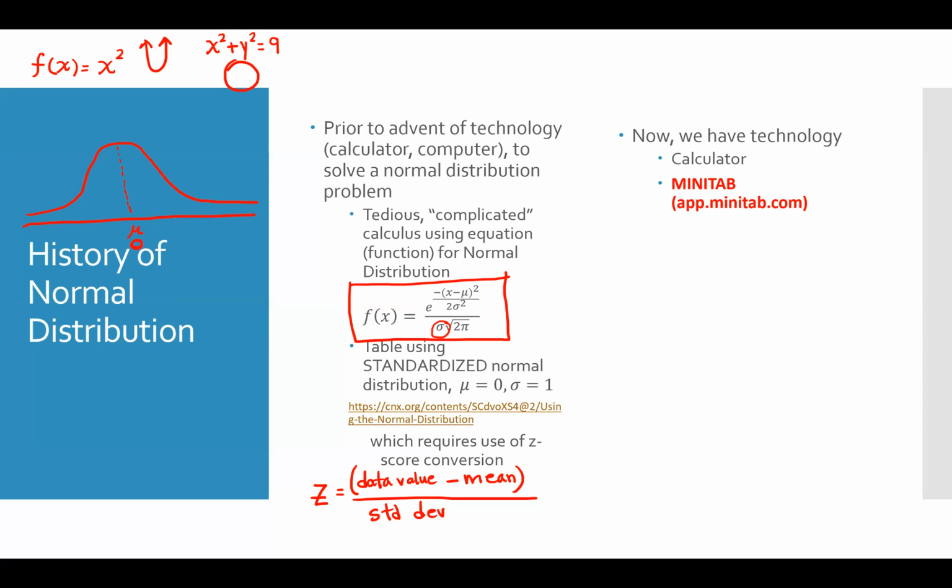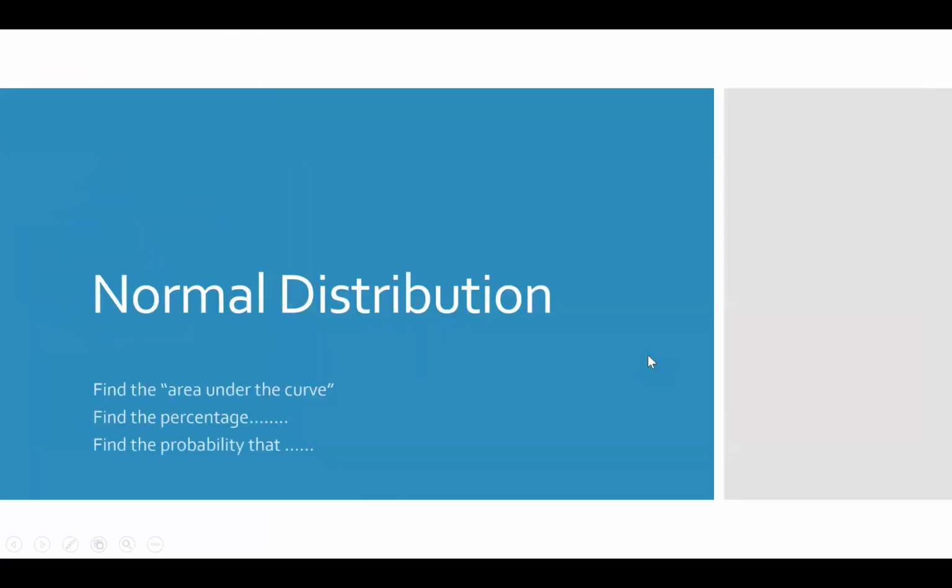I'm not showing you how to do it by hand. I'm not going to show you how to do it on a calculator. We are going to use Minitab. The problems themselves are presented in two different ways. But let me pause for a minute to see if you have any questions before we continue and get into some examples.